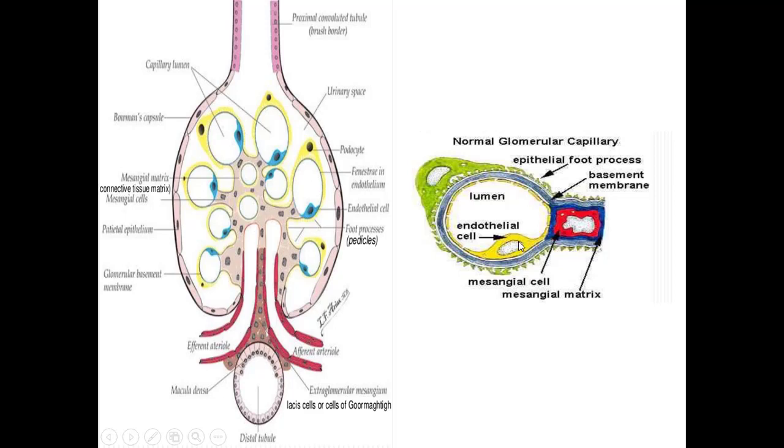This is the endothelial cell, this is the podocyte, these are the podocyte foot processes, this is the texture of the glomerular basement membrane, and this is the mesangial matrix and the mesangial cells between the glomerular capillaries.